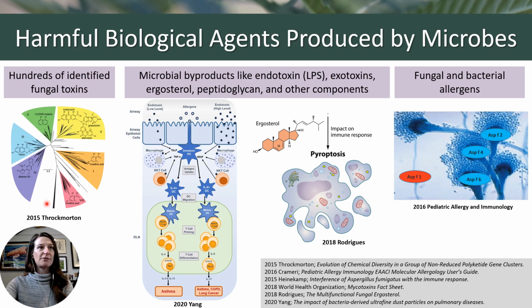So you can see this is a phylogenetic tree. That's just a little tree of life, kind of separating out different fungal species from one another and the different mycotoxins that they produce, sort of binning them together in their relatedness. And there are hundreds and hundreds of fungal toxins that have been identified, and we only test for a handful of them. So we test for a couple of different aflatoxins, and we test for ochratoxin.